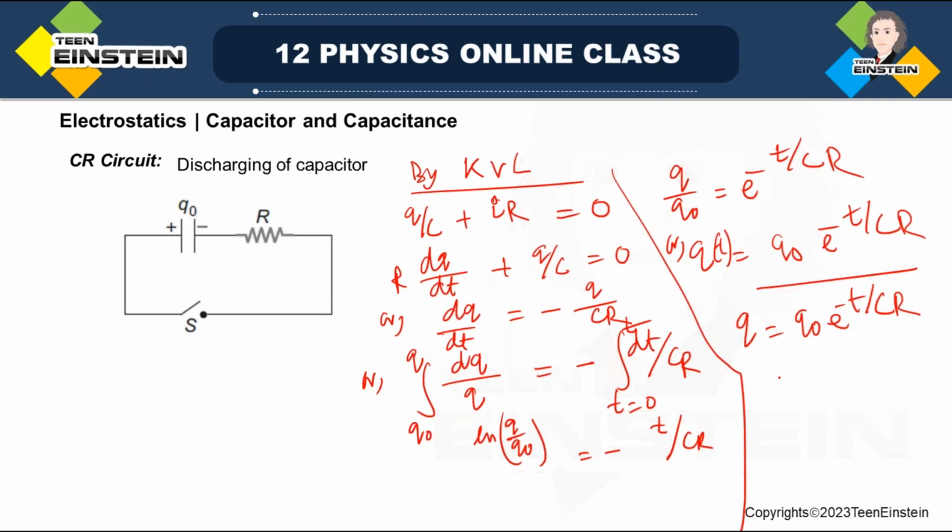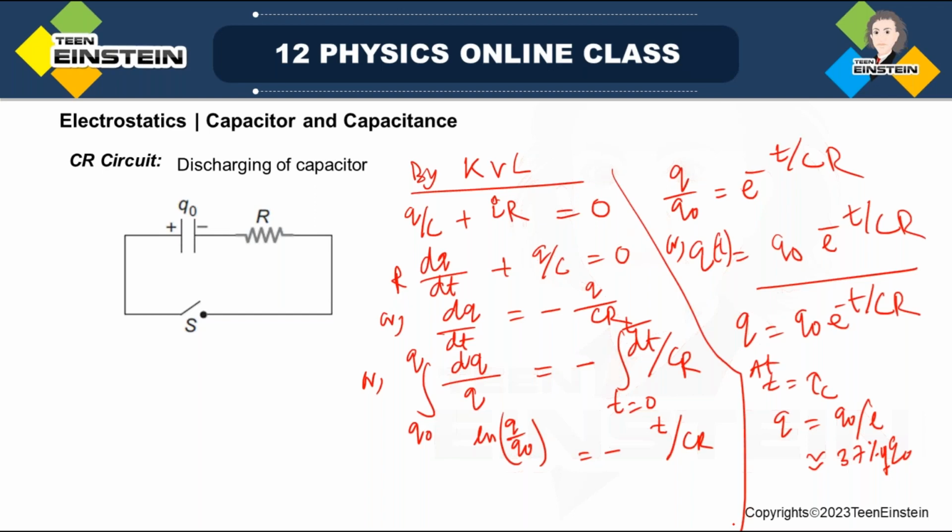See here, when t is equal to tau, or tau c, whatever you say, Q becomes Q0 by e, and that is nearly 37% of Q0.